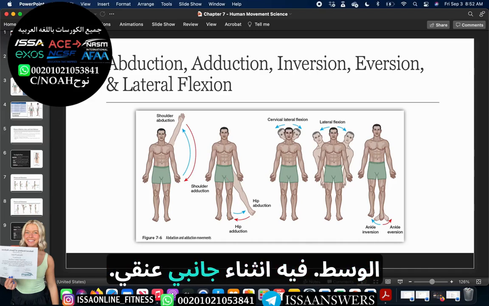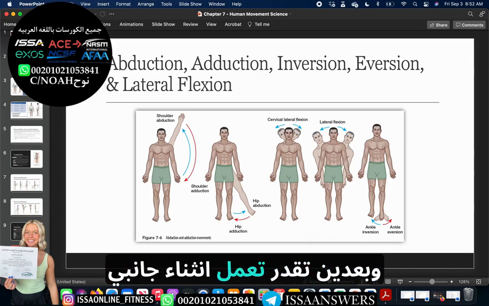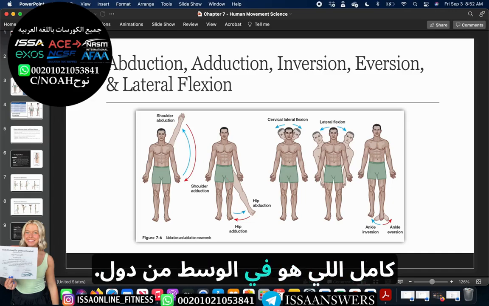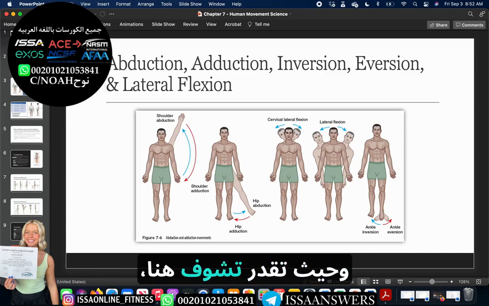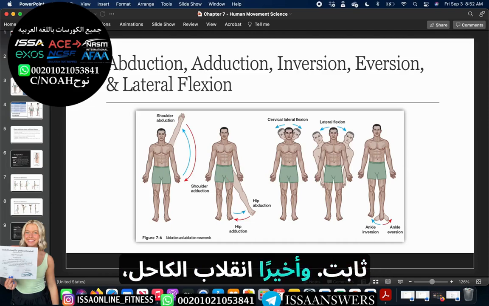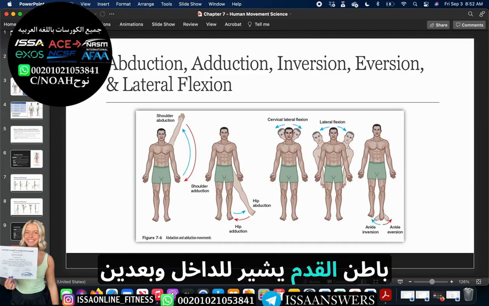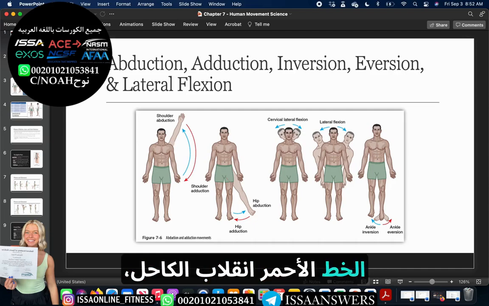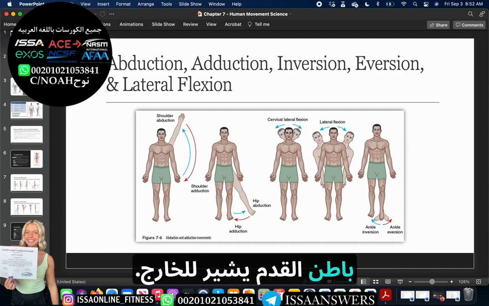There's your cervical lateral flexion, and then you can do complete lateral flexion, which is the middle of those, where you can see here that person is just leaning to one side and then the other where the hip is fixed. And then lastly, the ankle inversion, sole of the foot pointing in, and then the red line, ankle eversion, sole of the foot pointing out.